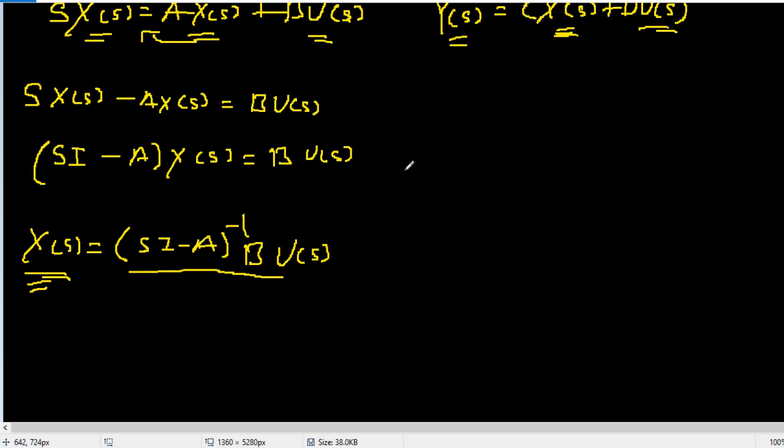So what we can do is directly put this equation into the Y equation.